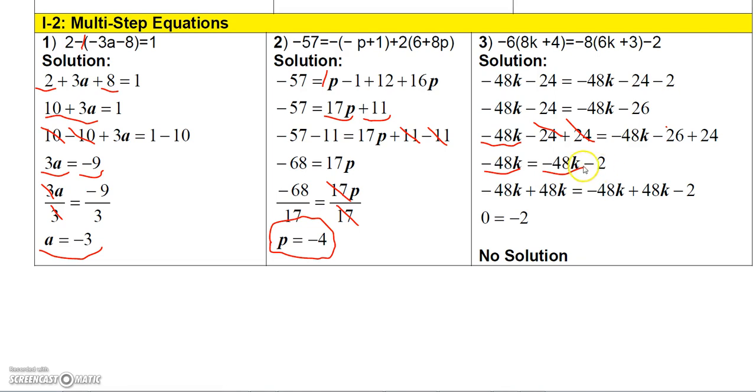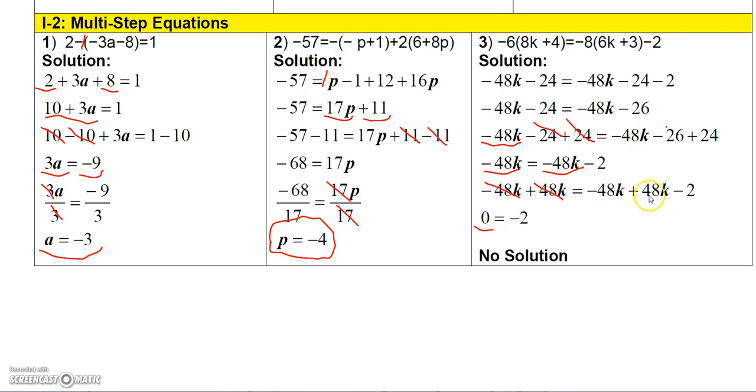Now, what we're going to have to do here to get all the k's on the left is add 48k to both sides. But when I do, something strange is going to happen here, so watch and see what happens. When you add 48k to this side, the minus 48k plus 48k gives me 0.